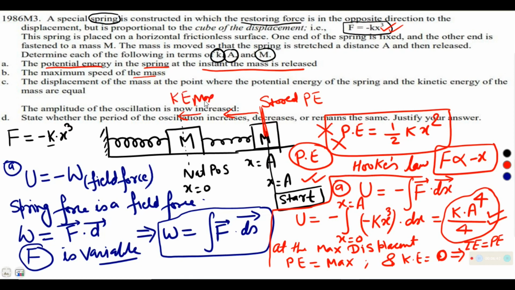Here kinetic energy will be maximum and potential energy will be zero. All potential energy stored at the maximum displacement will be converted into kinetic energy, but total energy will be constant because friction is not present. So we can apply the conservation of energy here. Let us see in the next slide.